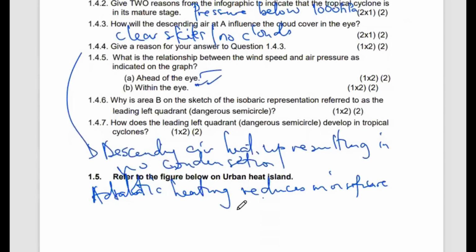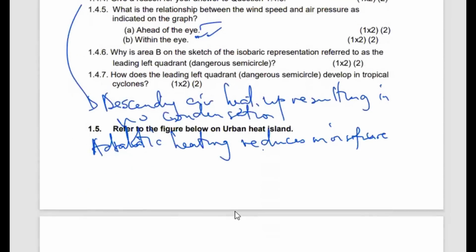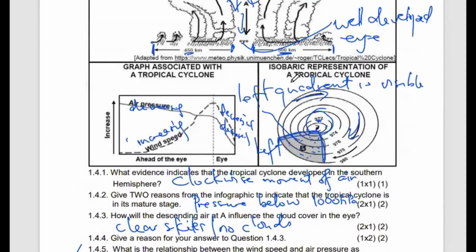Right, let's move on to the next question. Why is the area B on the sketch of the isobaric representation referred to as the leading left quadrant or the dangerous semicircle? Right, this area here, we call it the dangerous semicircle of the weather system. It's dangerous in the sense that the air movement is strongest in this section of the weather system.